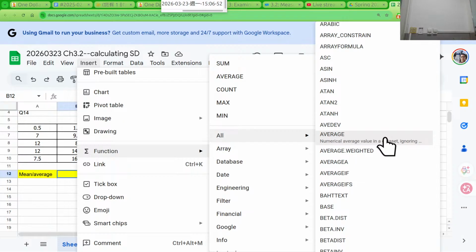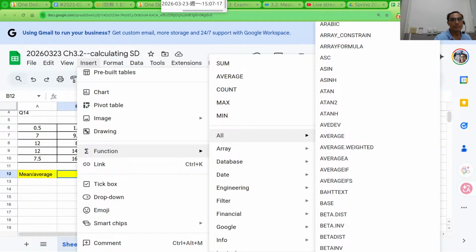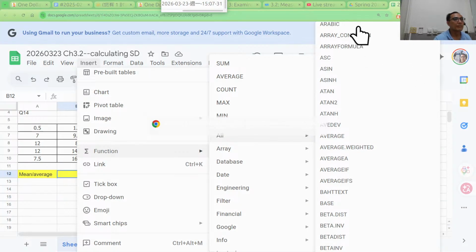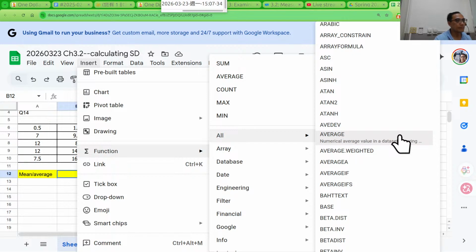Again, click this cell and move to insert function or average. Is that okay? Then I click average.